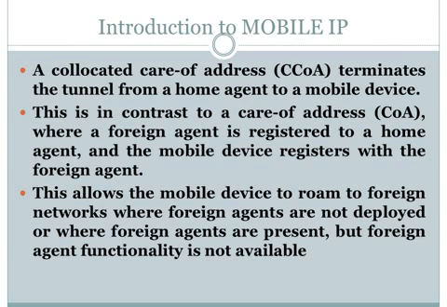So it will terminate the tunnel, and it doesn't require the foreign agent end. Look at it as a tunnel between a home agent and a foreign agent. That tunnel will be terminated at the home agent itself, at the home network itself.